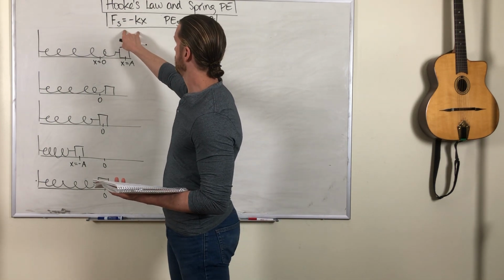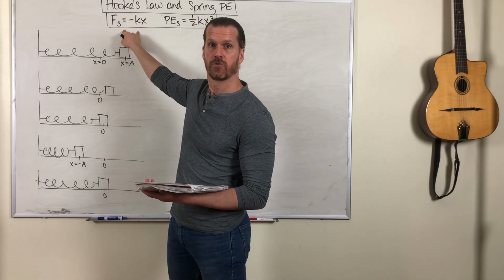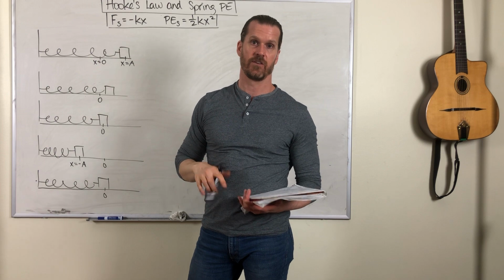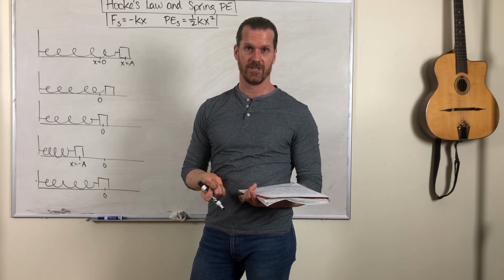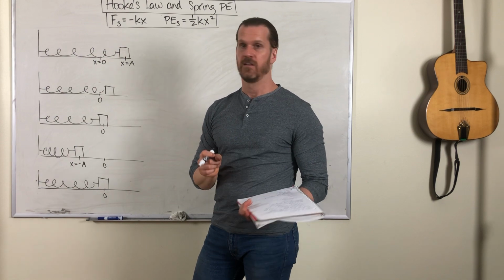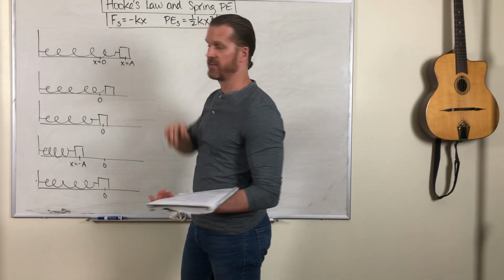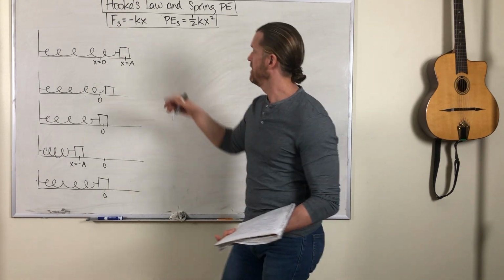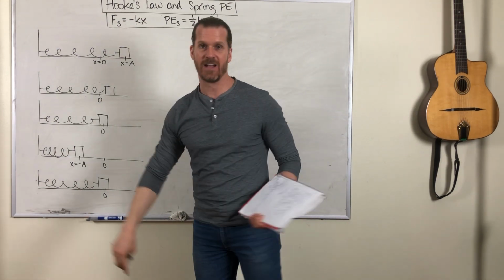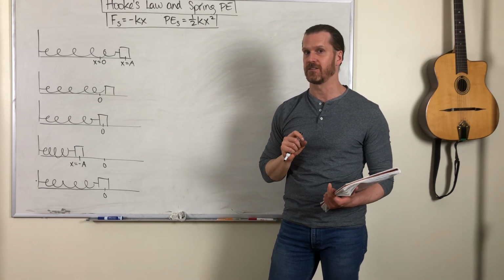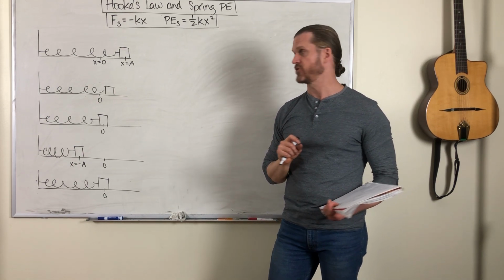As we've learned before, the force this spring applies is proportional to the distance that the spring is stretched or compressed. That proportionality constant, k, is known as the spring constant or the force constant. And there's this magical minus sign in there telling you that the force is opposite to the stretch.